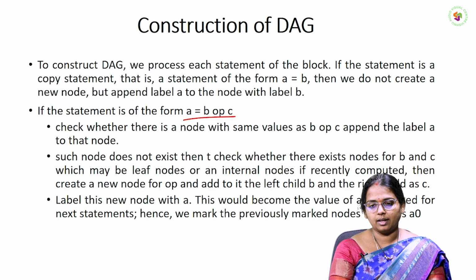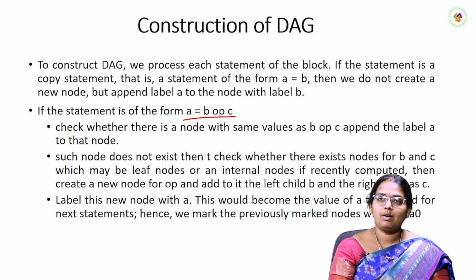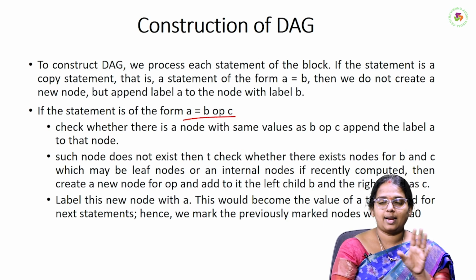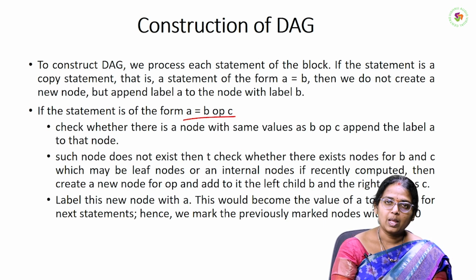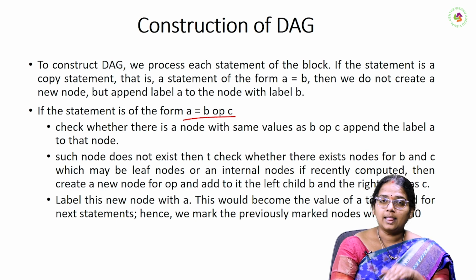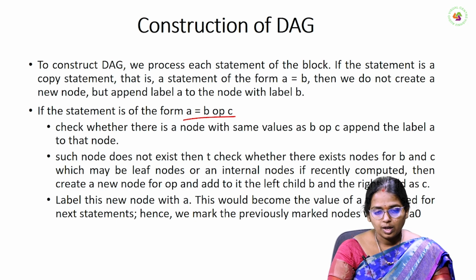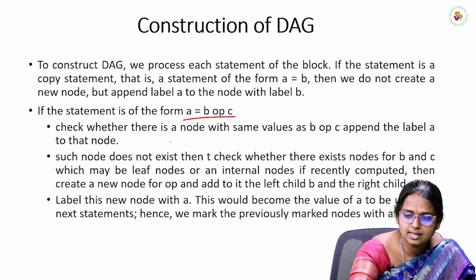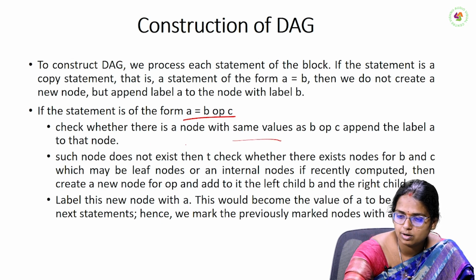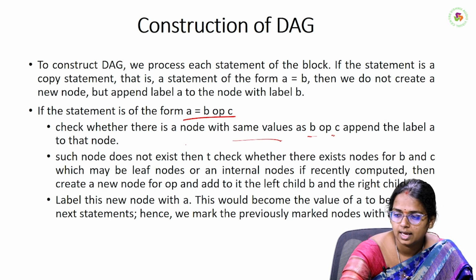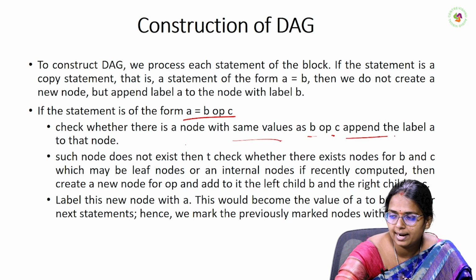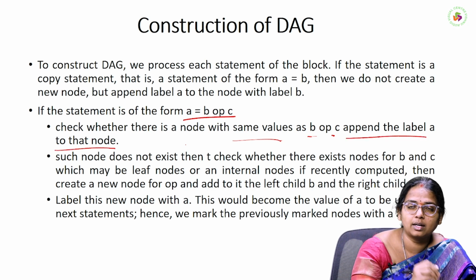If you want to draw a graph for any node, first we check whether the node already exists in the graph. If it already exists, that will be taken directly instead of creating a new node. That is the first point. Check whether there is a node with the same values as B and C. Then what we do is append the label A to that node.